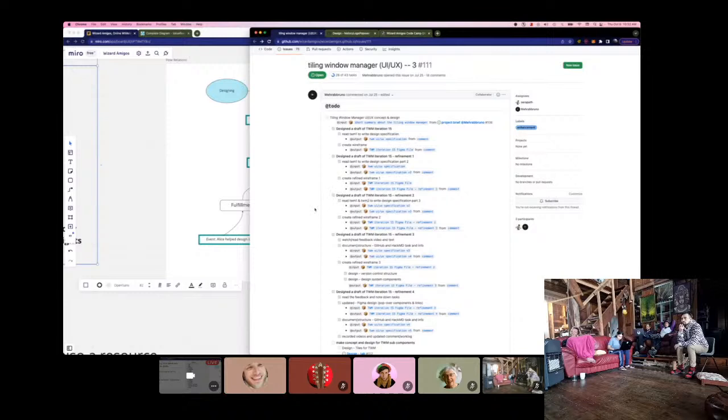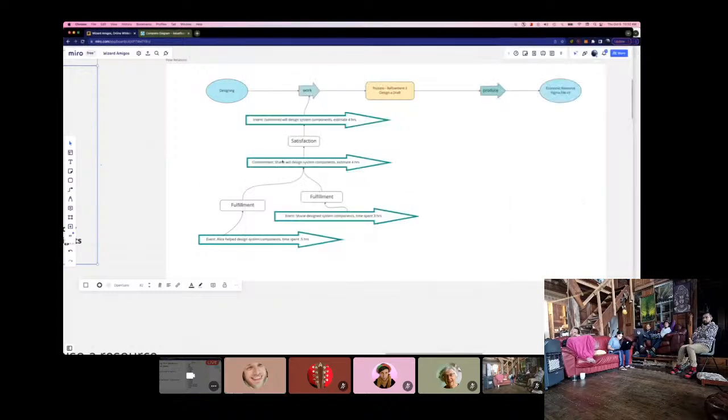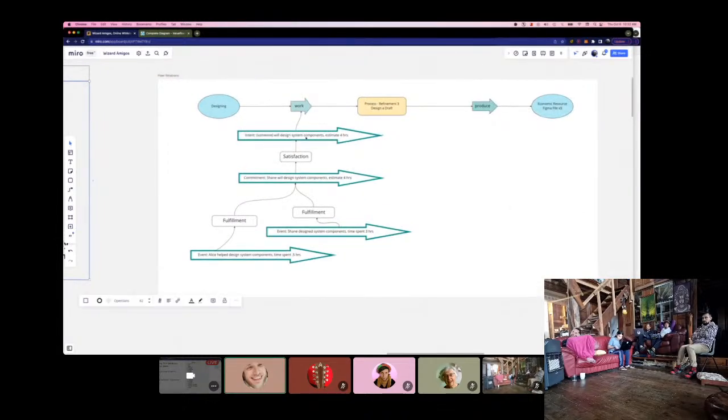So that's analogous to an intent, or rather each of these to-dos are analogous to an intent. So design a draft, refinement number 1, refinement number 2, because no one has signed up for it. There's no human, no agent that's been associated with that yet. So someone says, hey, I need some work done. I need some design system components. It should take about 4 hours.